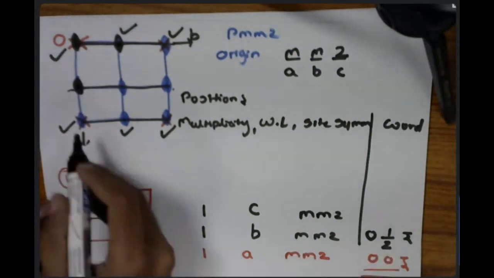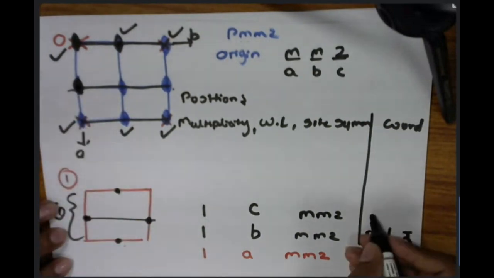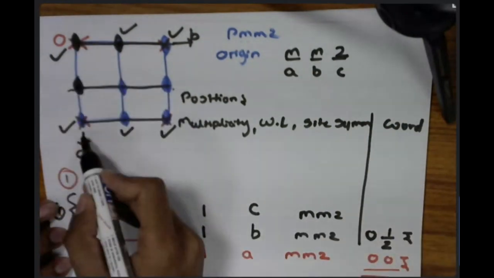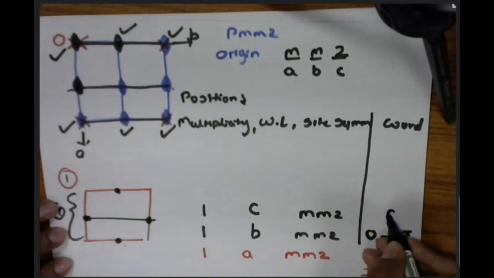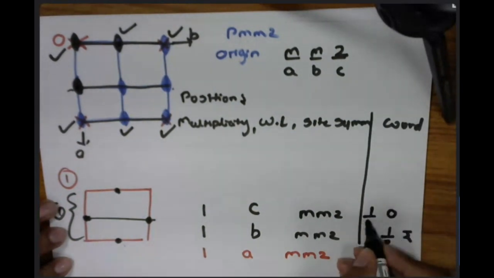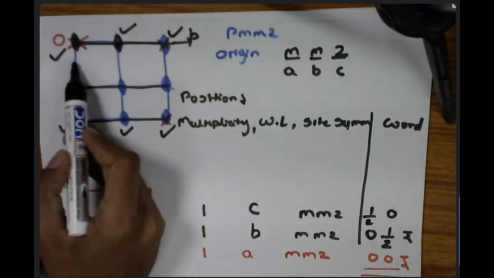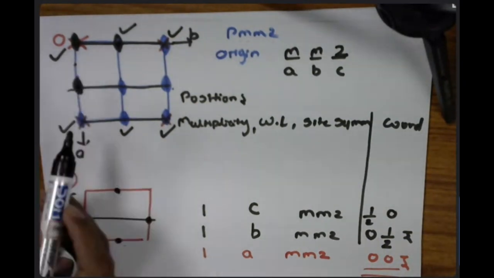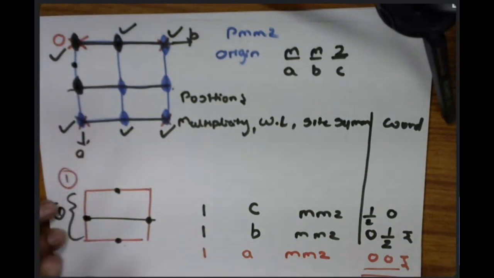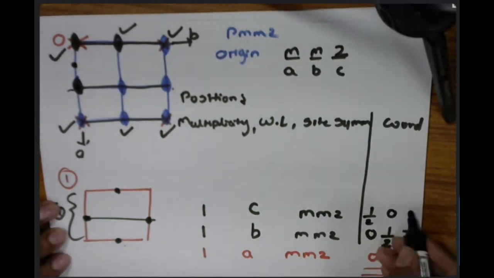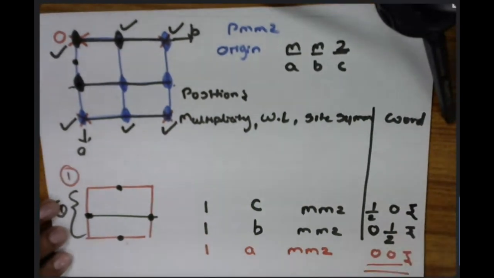The position of this particular point, since it is lying on the x-axis, will have y coordinate 0, x coordinate 1/2, because this site symmetry is only applicable at the half position. This particular point in between over here is not having the same site symmetry. It has a different site symmetry; we'll see what it is. Along the z, it can take any value.